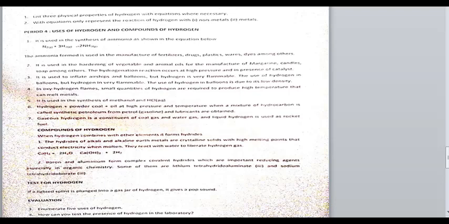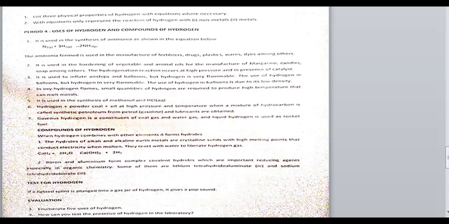We also use hydrogen in production of some gases like water gas and coal gas. We use hydrogen in producing them. Then we also use liquid hydrogen as a rocket fuel.